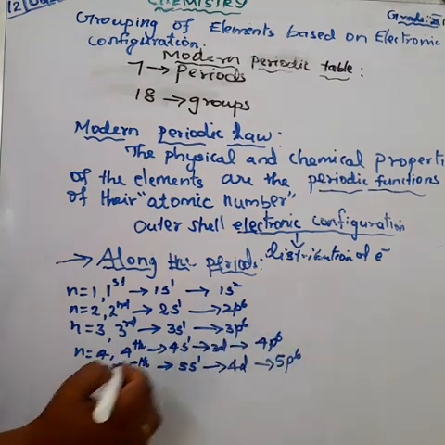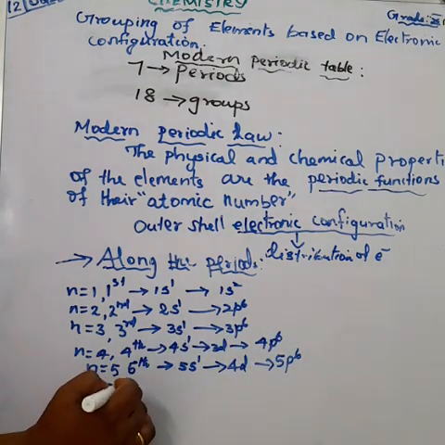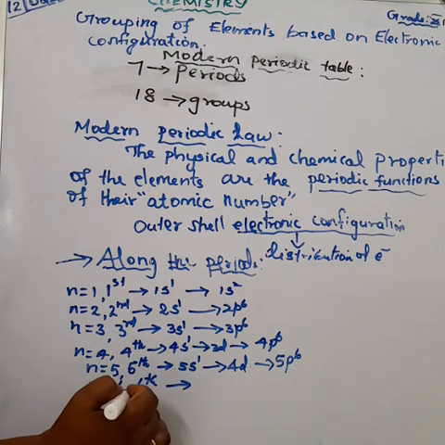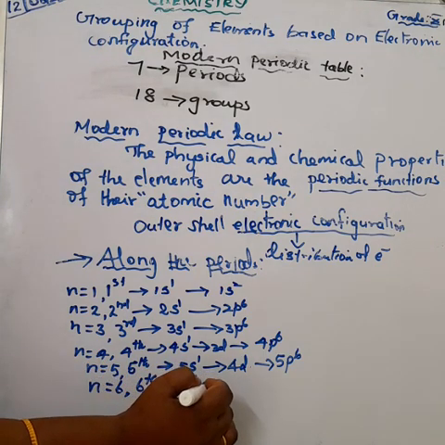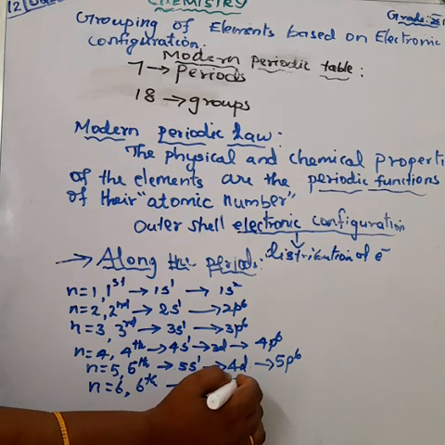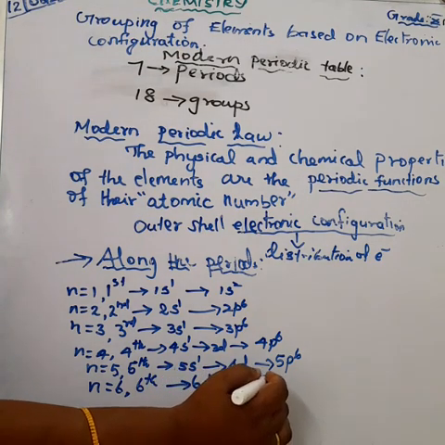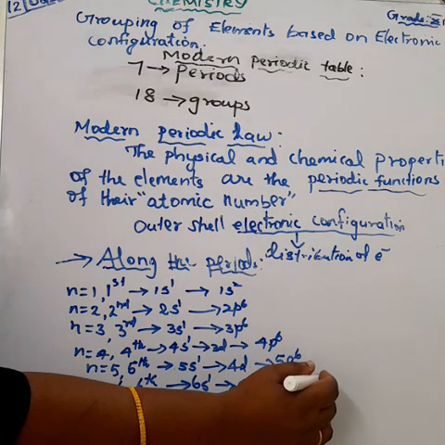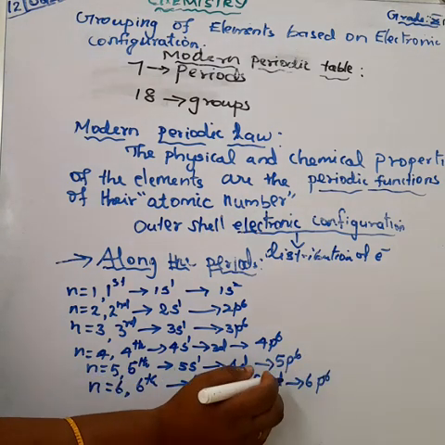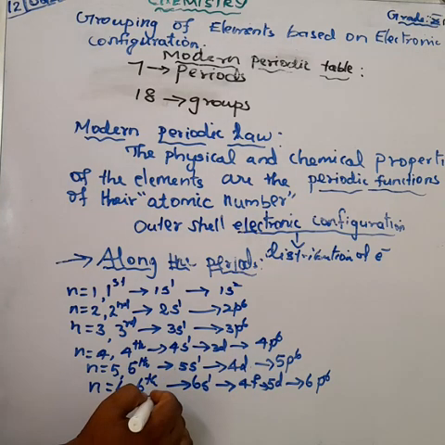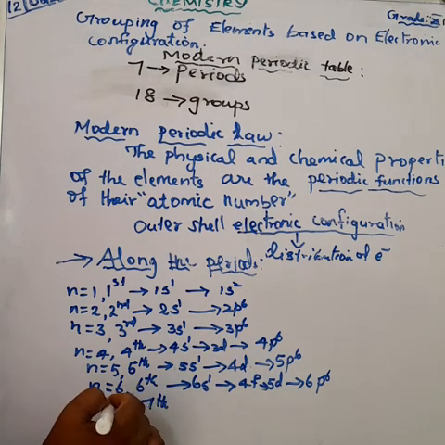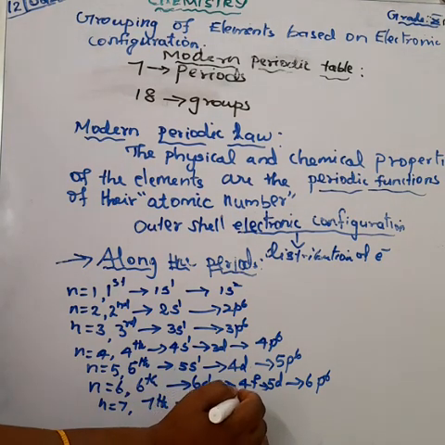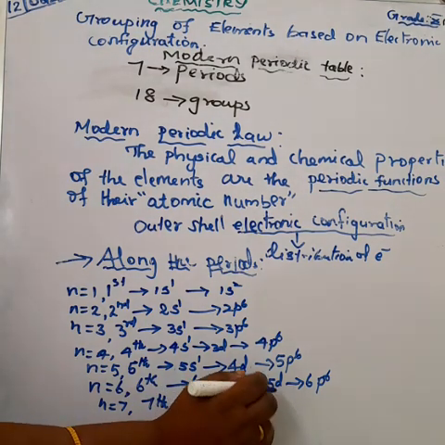And the sixth period, n is equal to 6, starts from 6s1, followed by 4f and 5d, and is completed with 6p6. Finally, the seventh period starts from 7s1, followed by 5f and 6d, and is completed with 7p6.